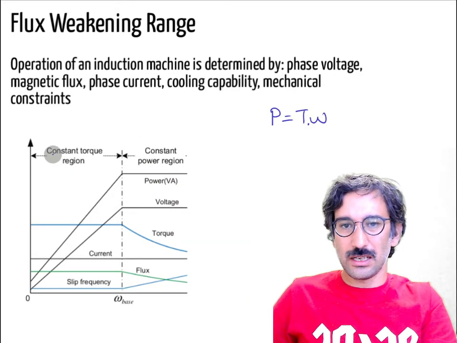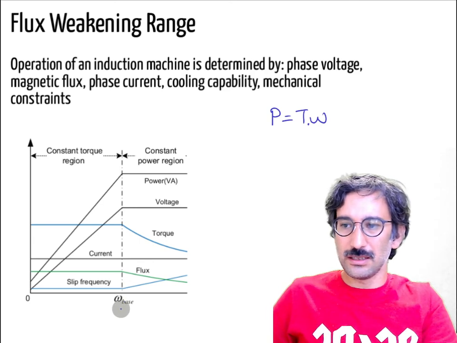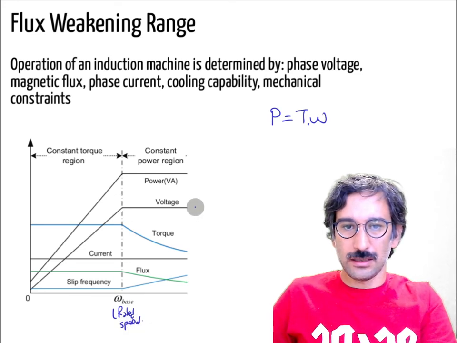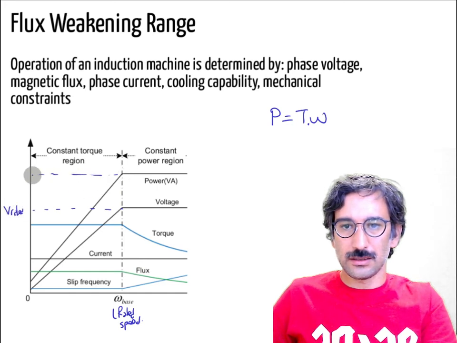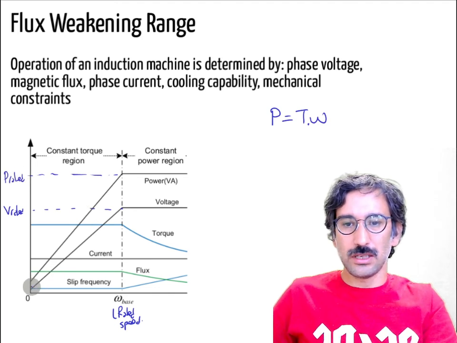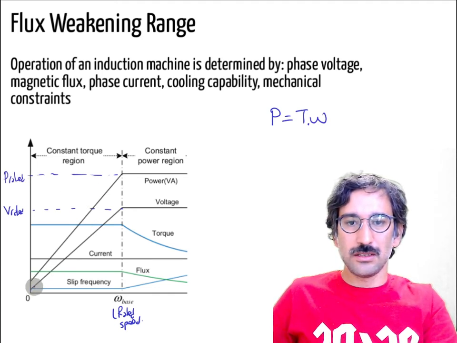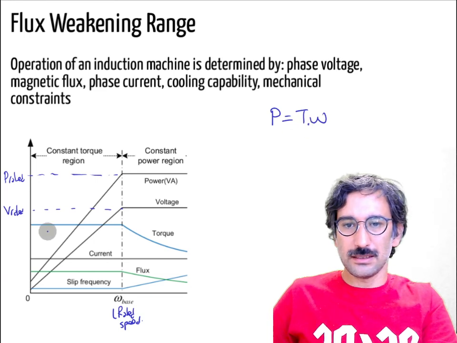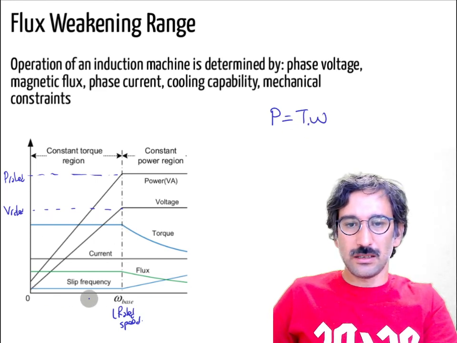This is the base, the rated speed, let's say, this is V rated, this is P rated. At first, blue is the torque, you start with constant torque, and you increase the speed.